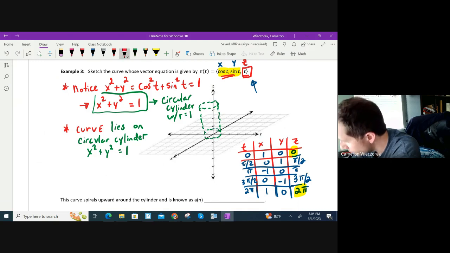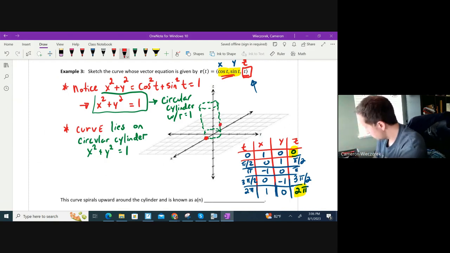So it starts at 1, 0, 0. Okay. And then as the parameter value increases, think of it as a particle. Once time reaches pi over 2, we're at 0, 1. So we would be here, but then we're up in the air pi over 2 units. And so we're roughly about here. Okay. So we've moved.